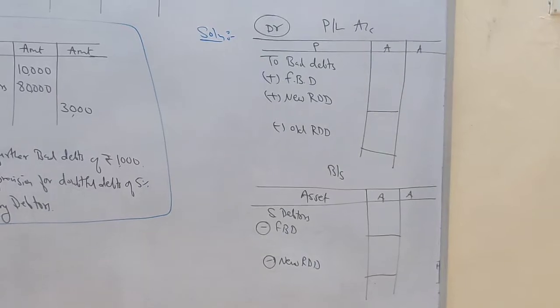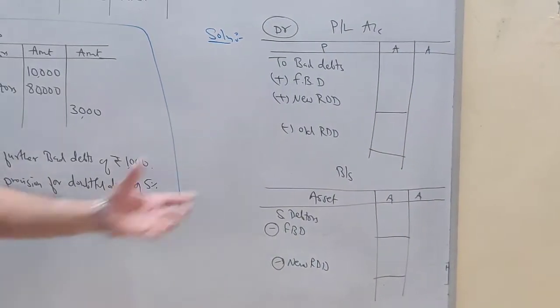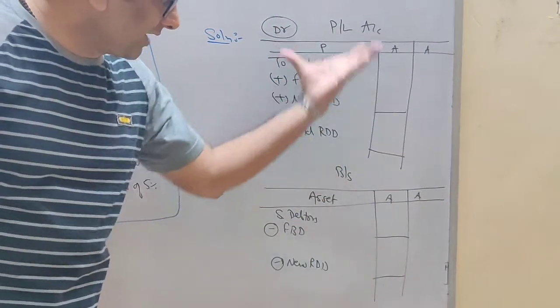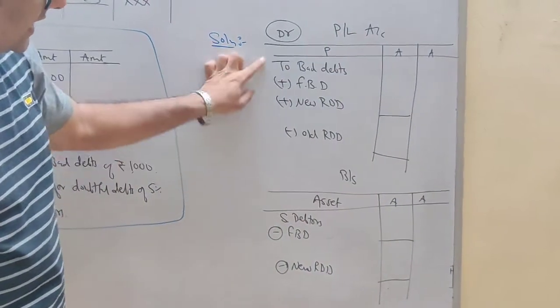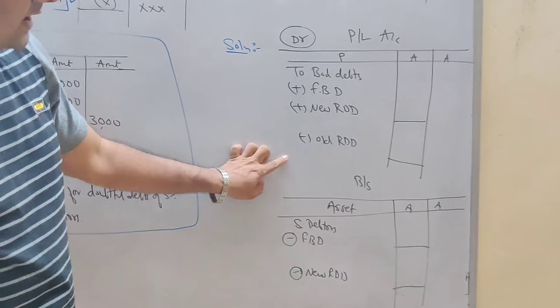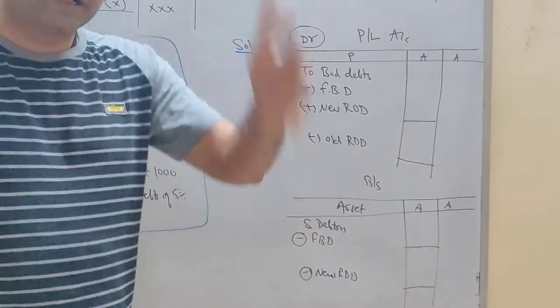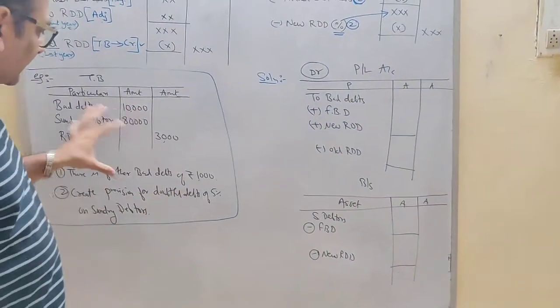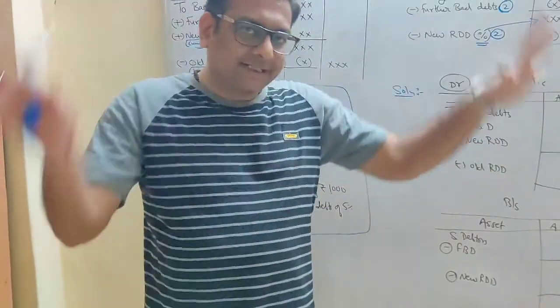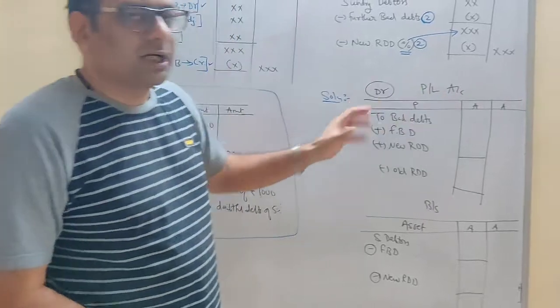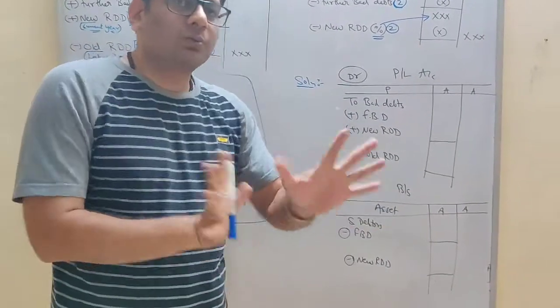So this is the format you will make in advance. Even while doing the complete sum of final account, when you make a P&L account, just write down these elements of bad debts and then you start with your sum of final account. Since this is a small sum focusing only on bad debts, I have not made the entire table. I have just made a P&L account one-sided, balance sheet one-sided.